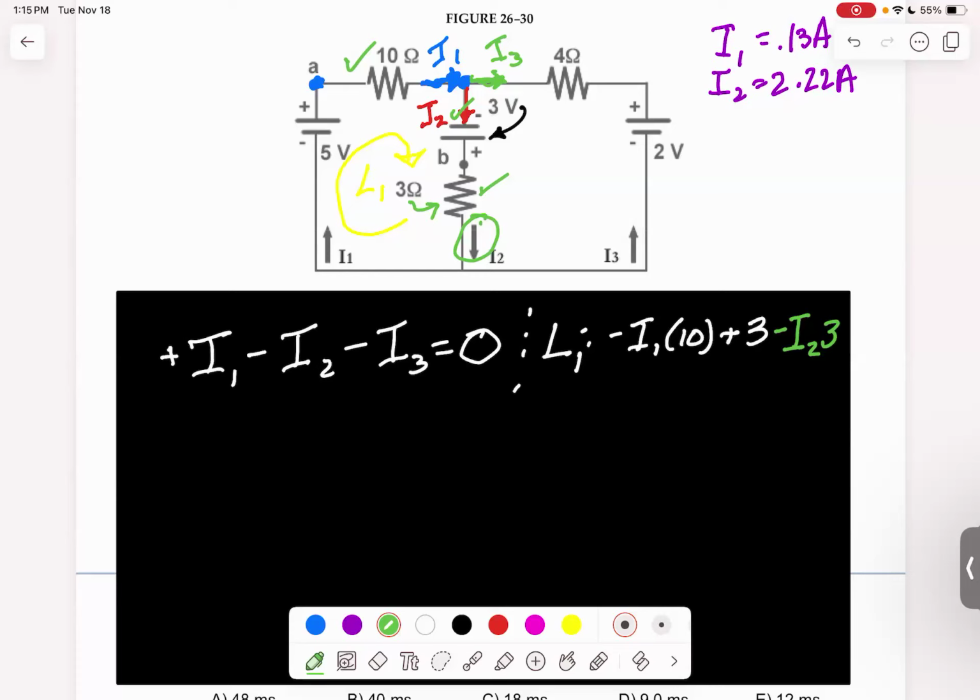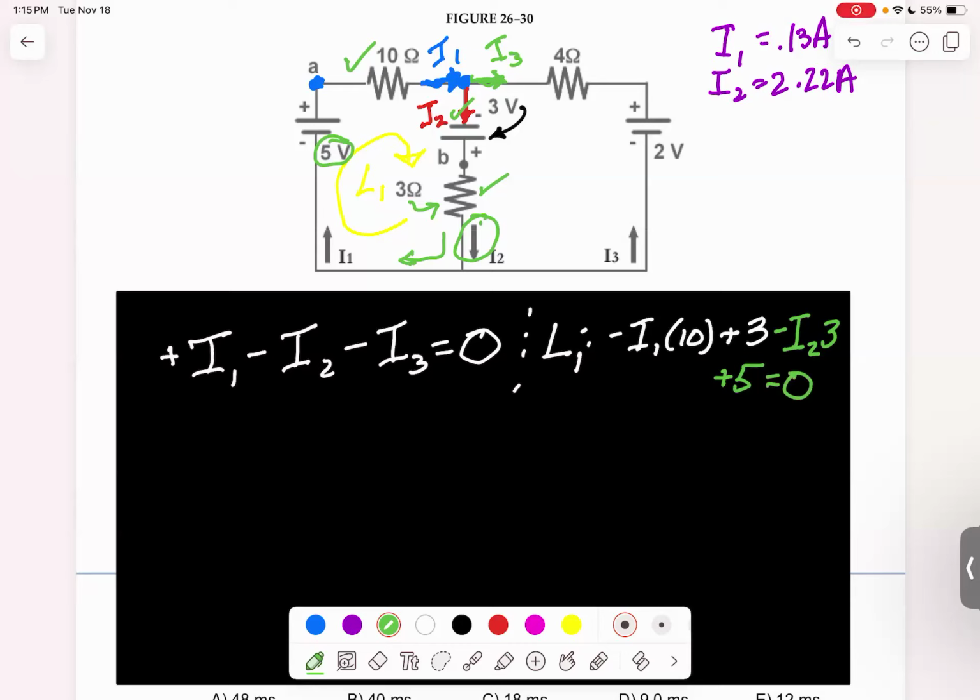We're going to continue on through this loop. So we're traveling in this direction now. So the last component to go through is this last battery here of 5 volts. And you can see here that there's a voltage increase. So plus 5 volts. And all that is going to equal 0.